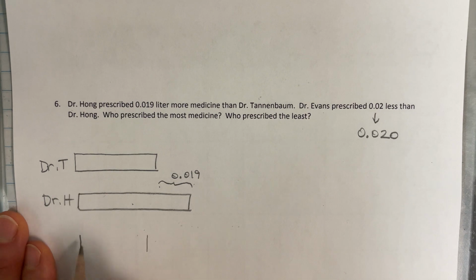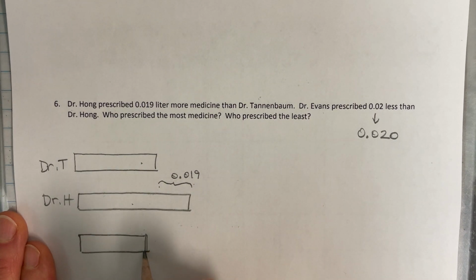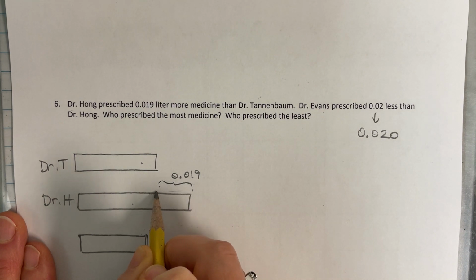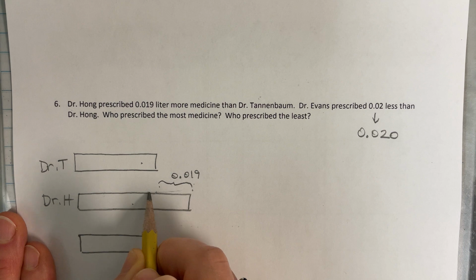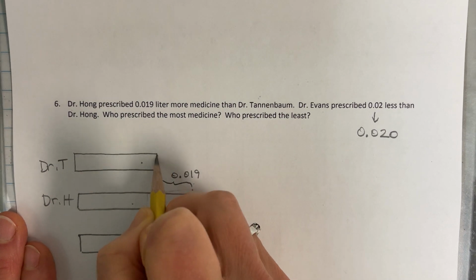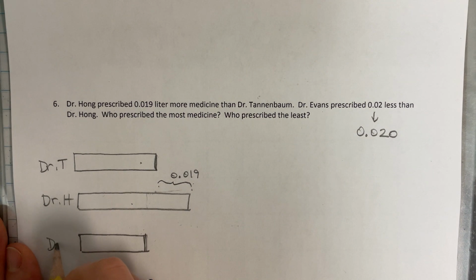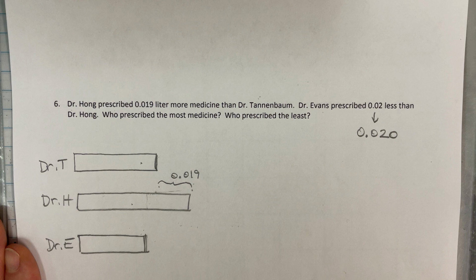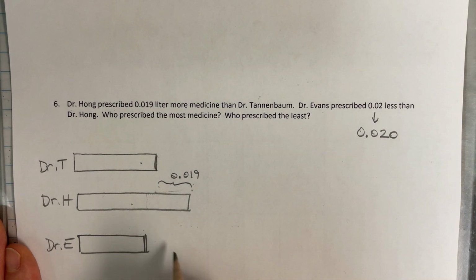So this tape would be shorter than this one. Because if you started with Dr. Hong, 19 thousandths would go here, 20 thousandths would be a little bit less. So it means this tape is shorter than this tape. And this is Dr. Evans. So just using tape comparisons really helps.